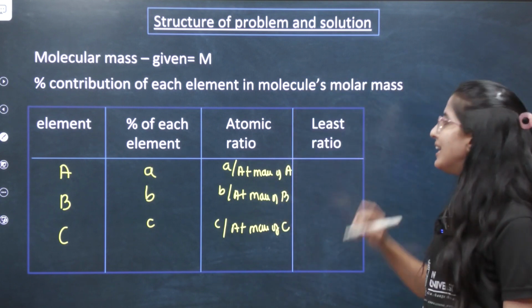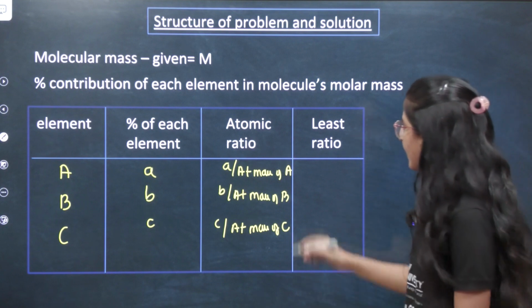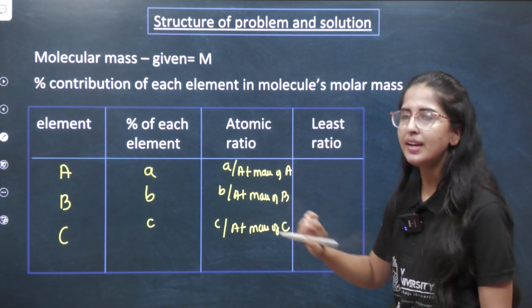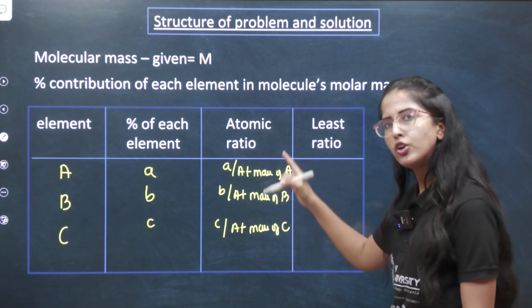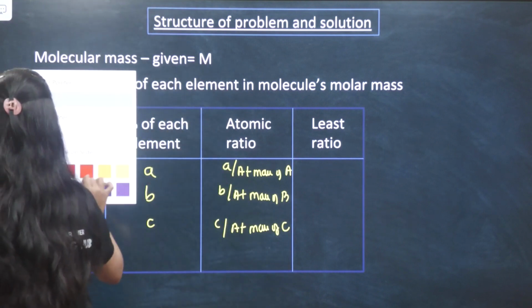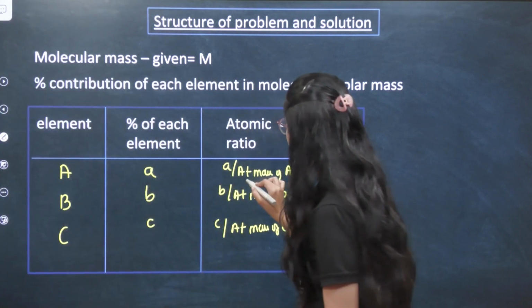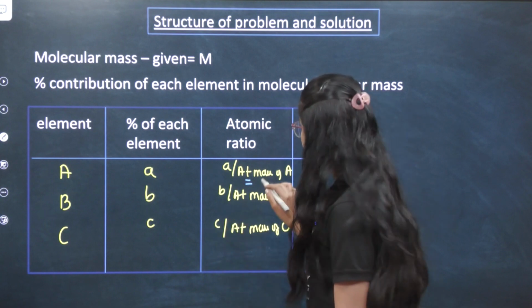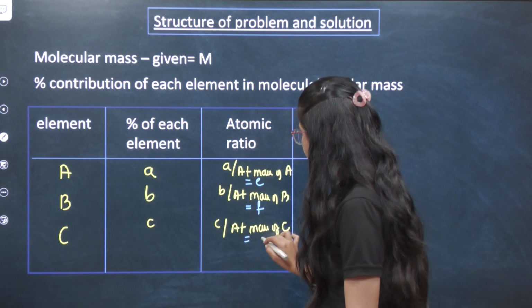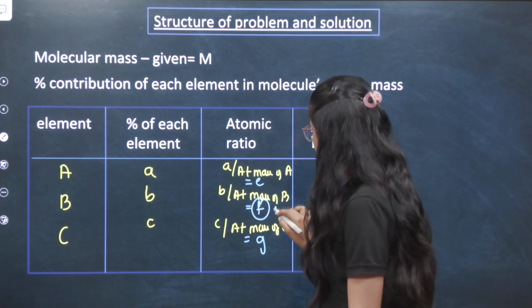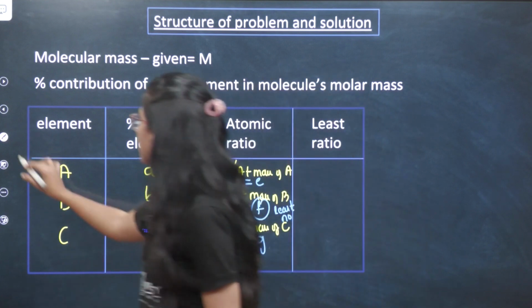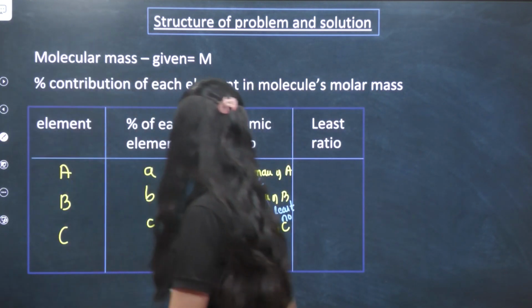And then you will take the least ratio. Let's say this one has the least ratio, that is, the least number. So what you will do, you will divide every other number by it. See here, if it comes as E, F, G, and F is the least number out of all these three, then how will you get the least ratio?